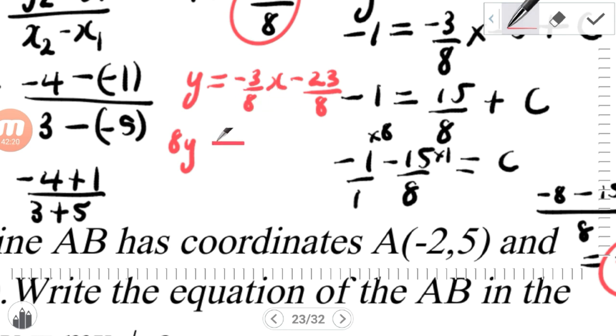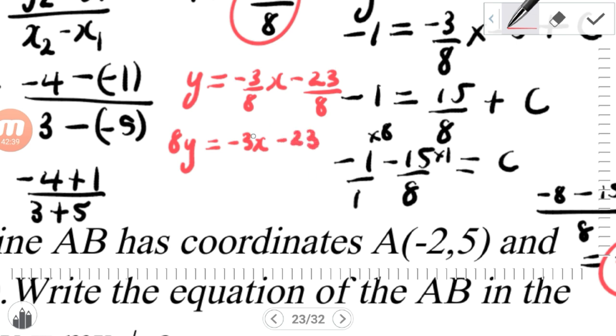So the 8 will cancel, ending up with minus 3x. And then if I multiply by 8 here, obviously the 8 is going to cancel. So therefore I'll end up with minus 23.